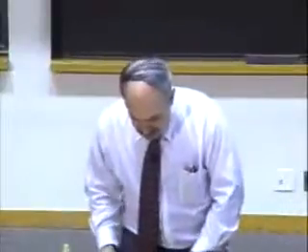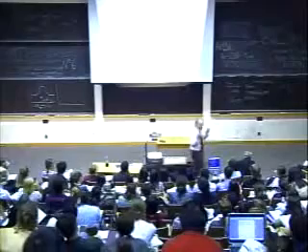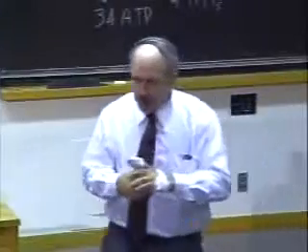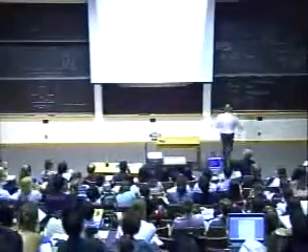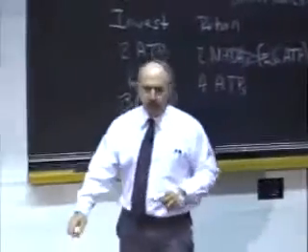Now, what actually happens if we have oxygen around? Well, what happens is something like this. We take the pyruvate, which is the product of glycolysis, and which is this much more primitive pathway, and we dump it into the mitochondria, and now we generate, through this cycle here, which I'm not asking you to memorize, please don't do that, the reactions which get us up to this 34 ATP yield per glucose.